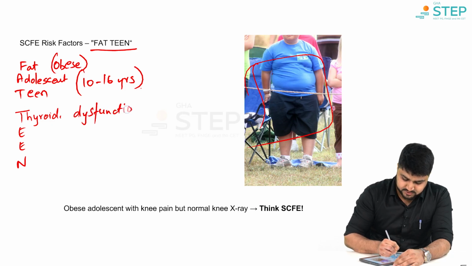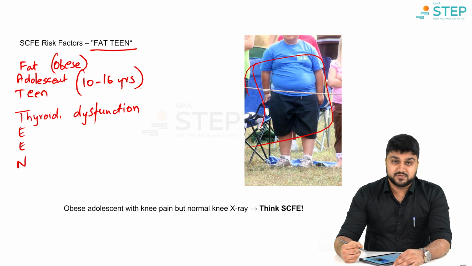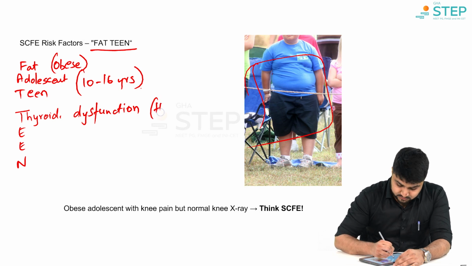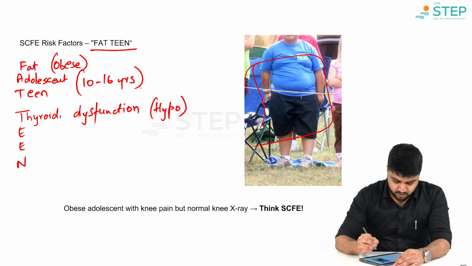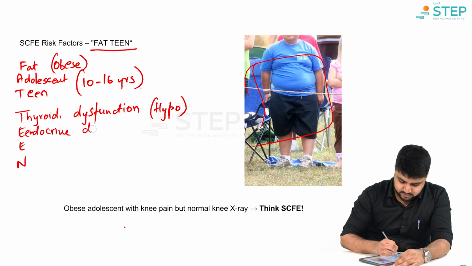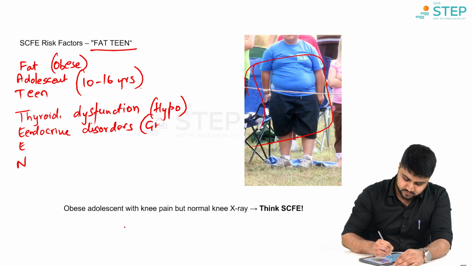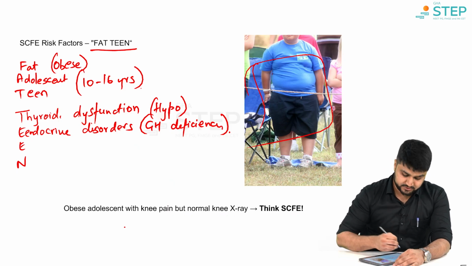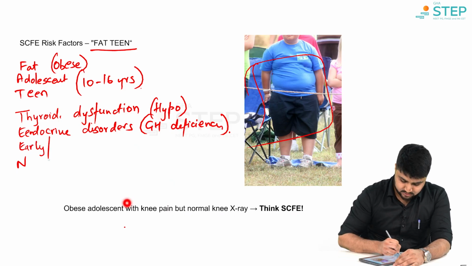As we have discussed, hypothyroidism will lead to obesity, and hence usually it's hypothyroidism that is more common. They can have other endocrine disorders like growth hormone deficiency. Such children also have a history of early onset or delayed puberty.